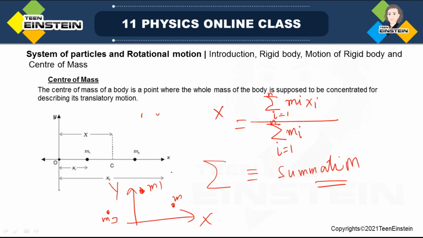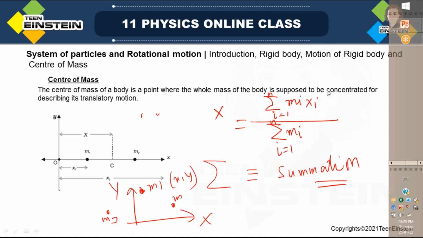They have both x and y coordinates. In that case, how to write the center of mass and how to arrive at the vector notation of the center of mass, we will see in the next class, and we will be calculating center of mass for a few representative objects.